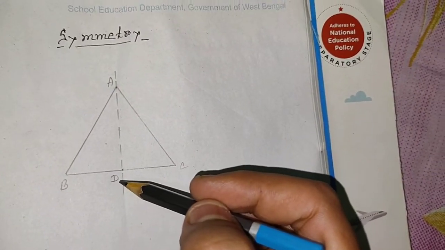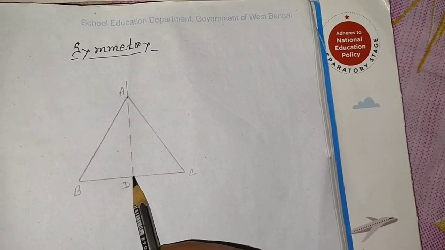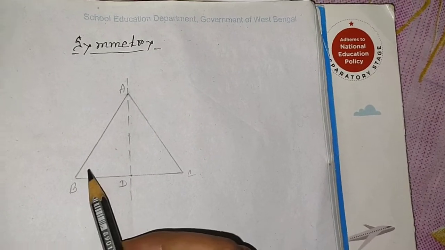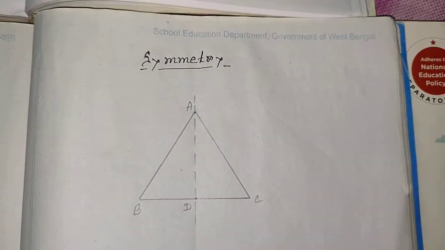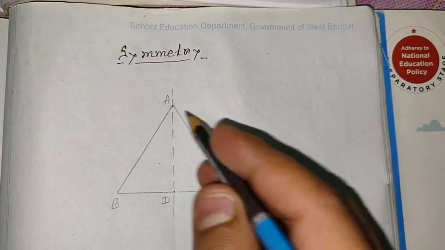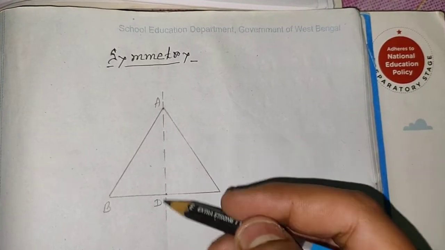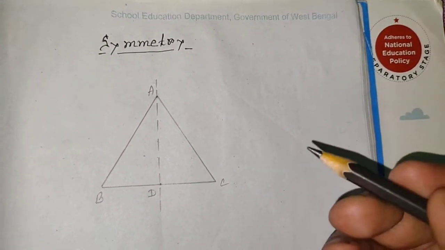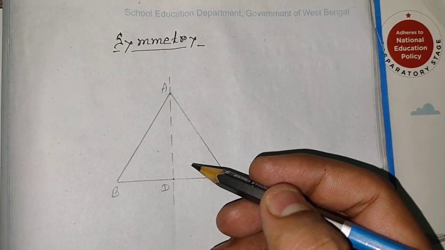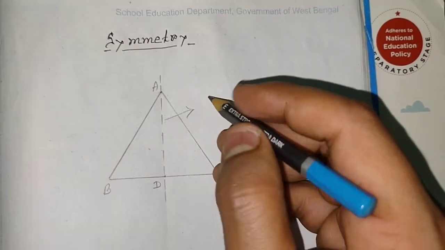Okay, and you can see this line is also perpendicular on this line. Okay, so we can say that this equilateral triangle or this figure is symmetrical, and the line along which we can bisect or divide a figure into two equal halves, that line is called the line of symmetry.